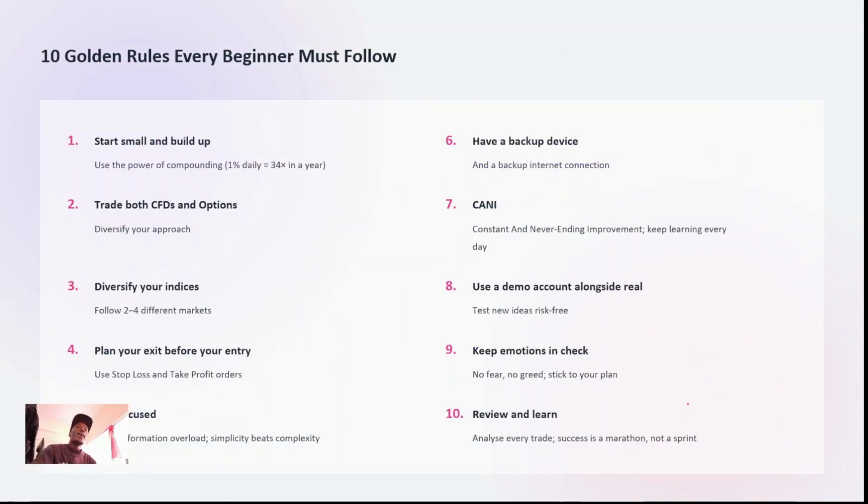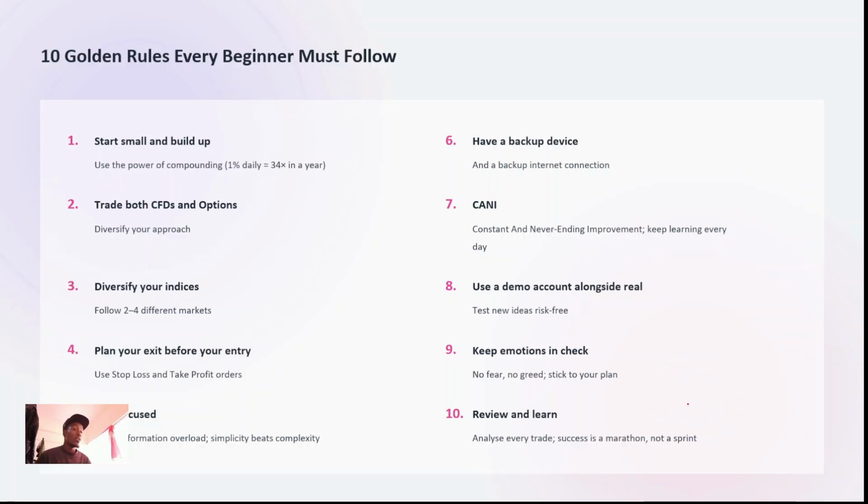So I also have come up with 10 rules that every beginner must follow in order to succeed on these markets, or the synthetic markets. Rule number 1, start small and build up, so use the power of compounding.